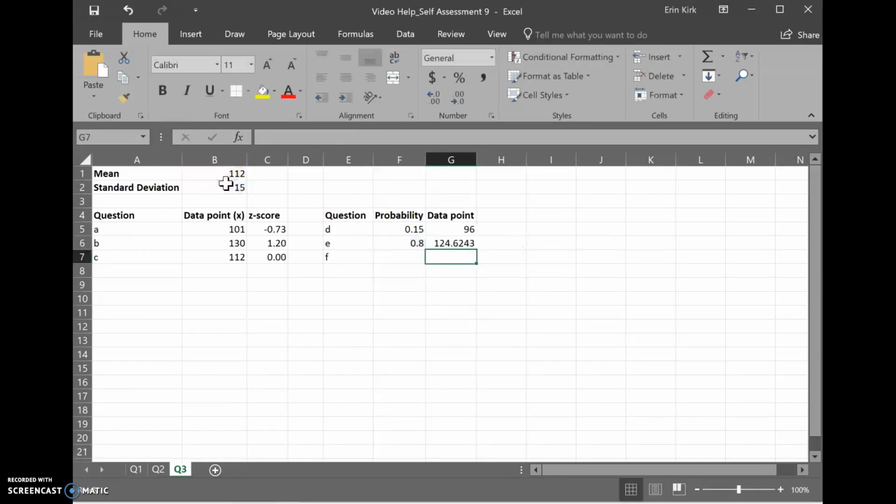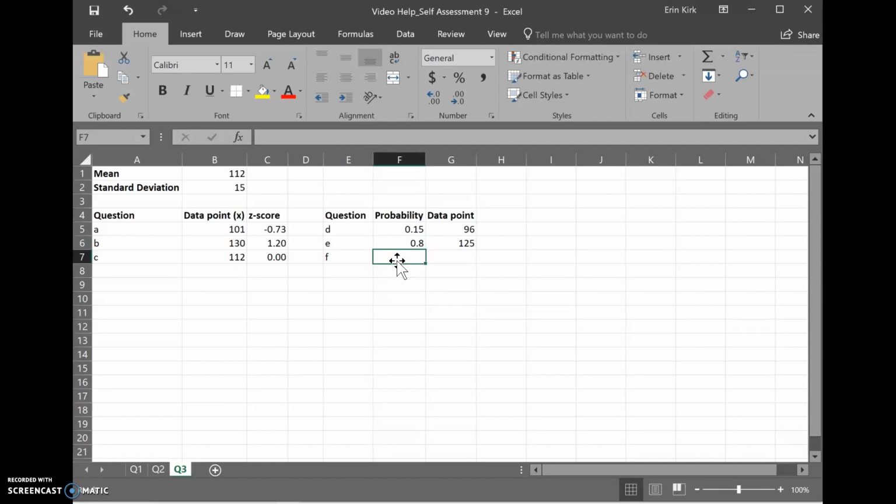Close the bracket and press enter. Again, I'll get this to the nearest whole number, or no decimal places. And what this is telling me is that the heaviest 20% of babies at the hospital have a weight of 125 ounces or more.